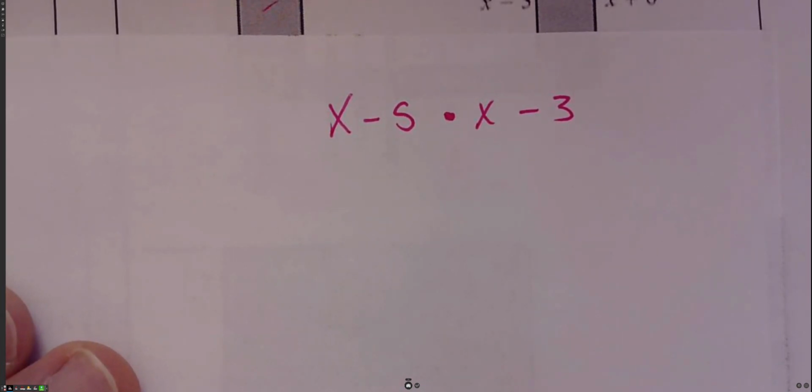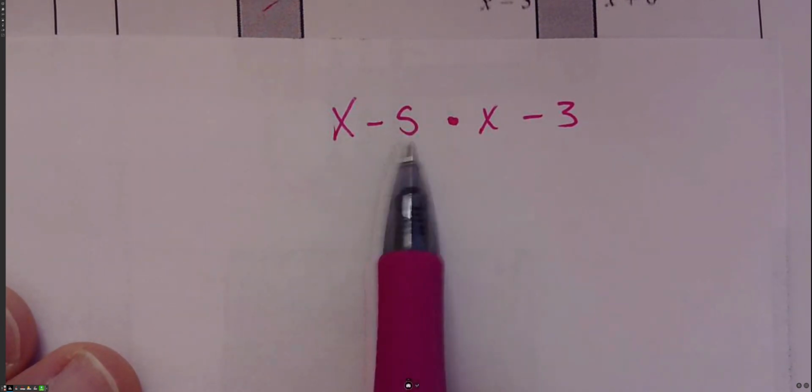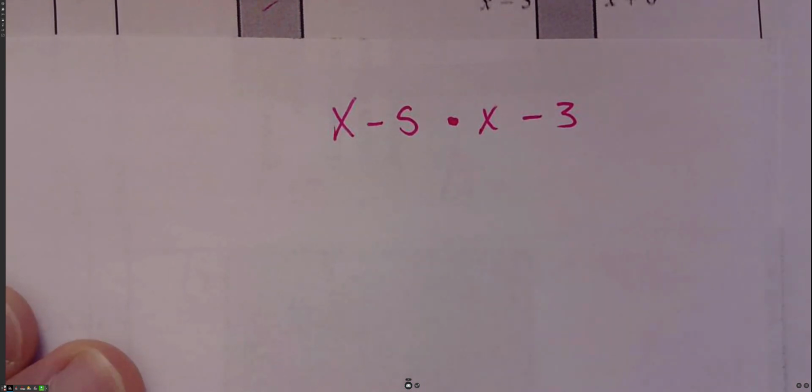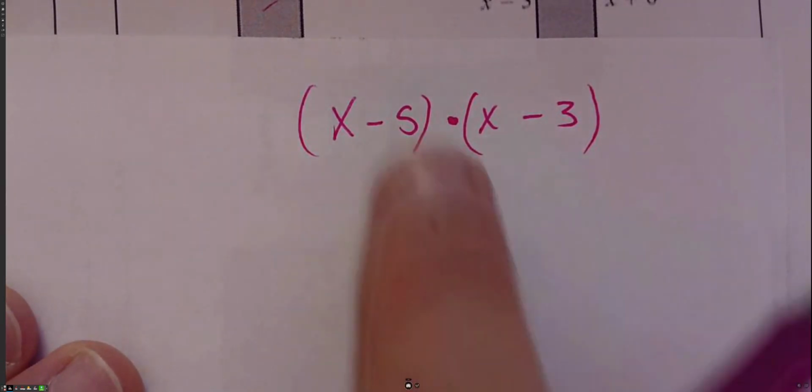Technically, what is multiplying here? Right, no, but negative 5 and x. Just the negative 5 and the x. But I don't want that. I want to say this whole thing being multiplied by this whole thing. Then we have to distribute all the parts.